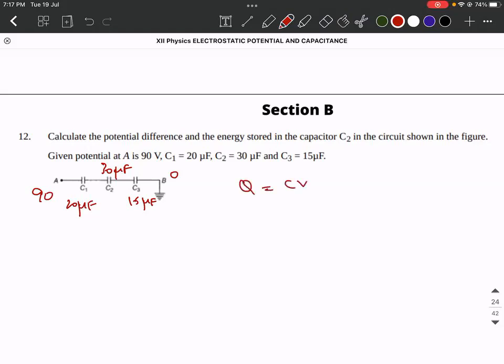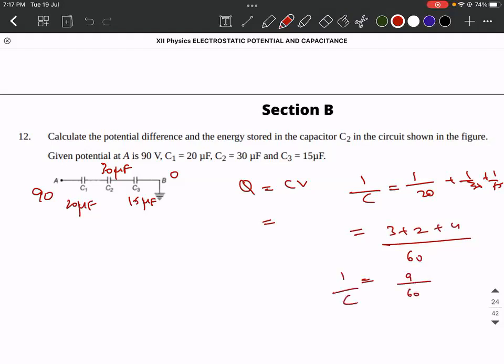So Q is equal to CV. C equivalent is how much? 1 by C is equal to 1 by 20 plus 1 by 30 plus 1 by 15, so C is 20 by 3. Then 20 by 3 into the potential difference, 90, gives 600 microcoulomb, which is the charge on each capacitor.